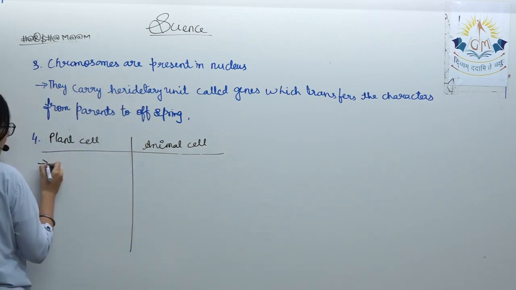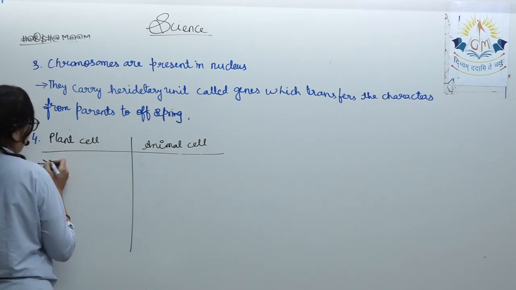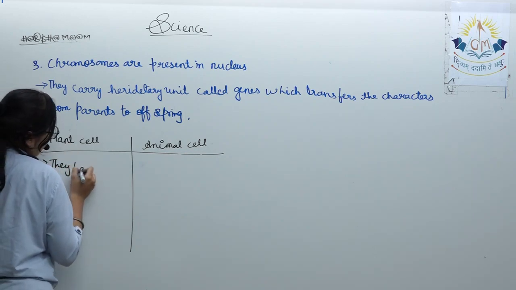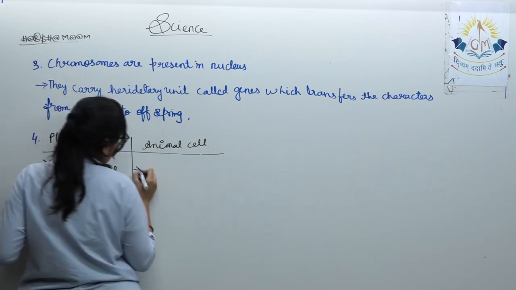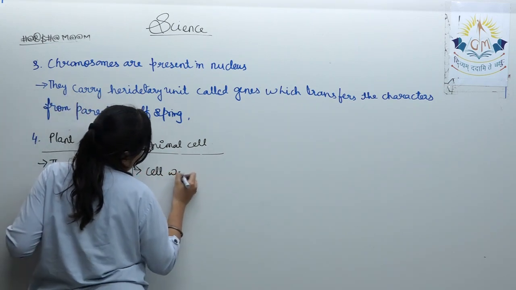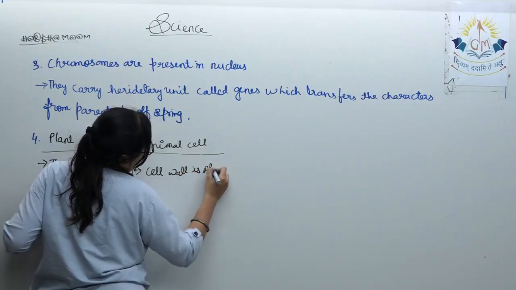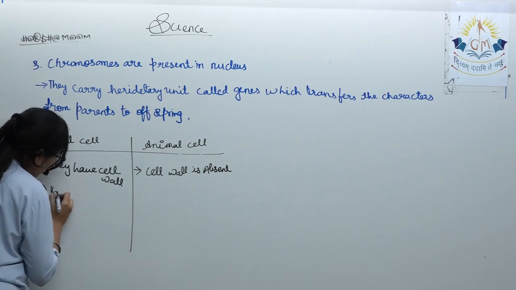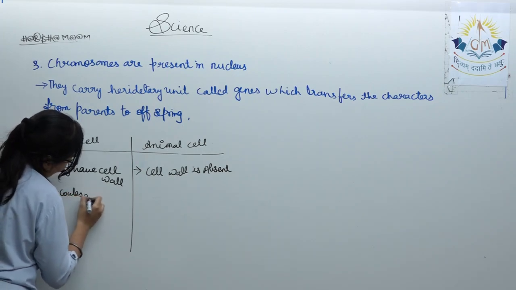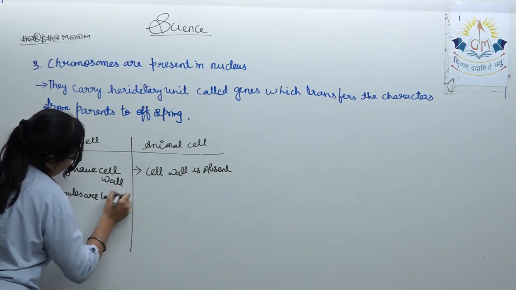Plant cells have a cell wall. Here in animal cells the cell wall is absent. Then here vacuoles are large. Here vacuoles are small.